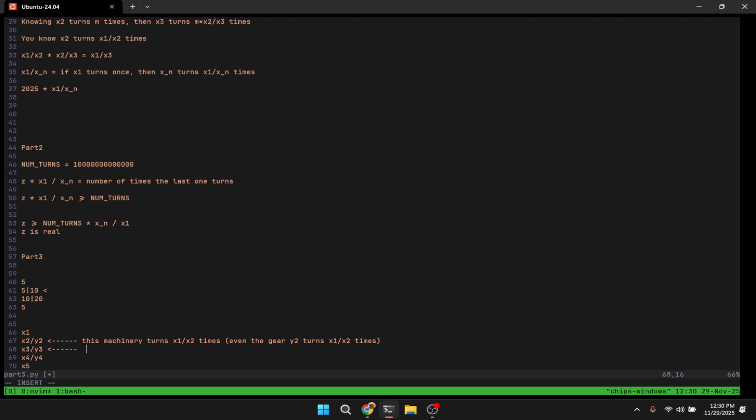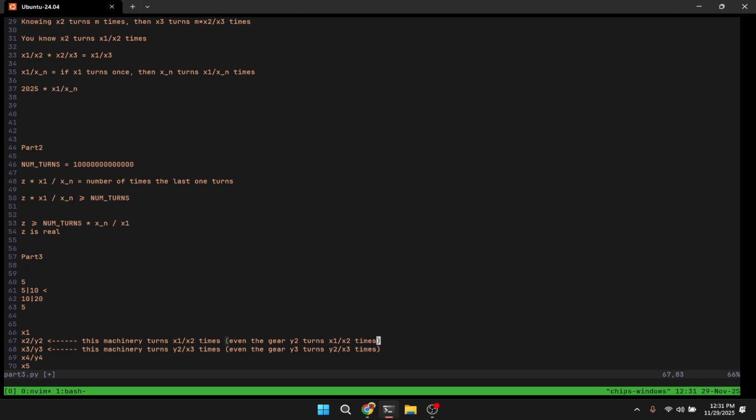So if that one turns once, this machinery turns y2 divided by x3 times, right? So it turns this divided by this many times. So even the gear y3 turns y2 divided by x3 times.